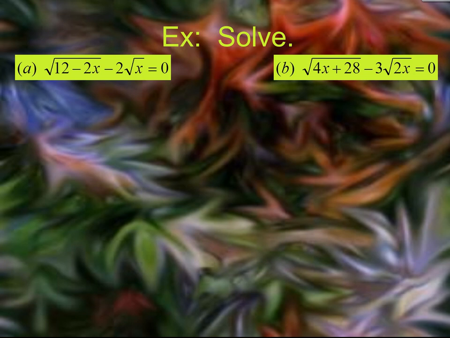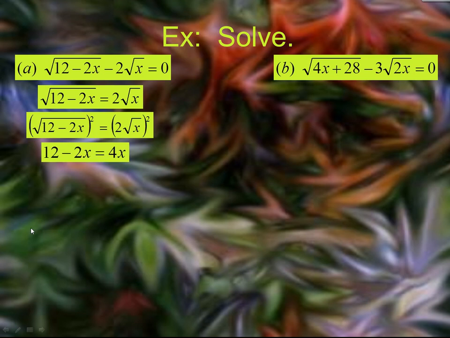Square both sides. If I square both sides, what am I going to get on the left? 12 minus 2x. Now, what am I going to get on the right? 4 times x, right? Does everybody see that? Because I have to distribute the exponent to both the 2 and the radical, okay? So I end up with that.